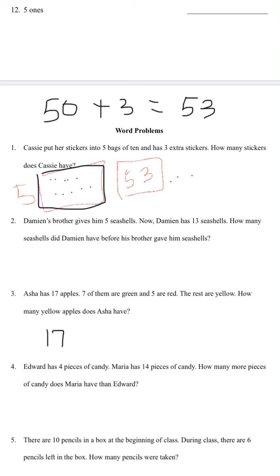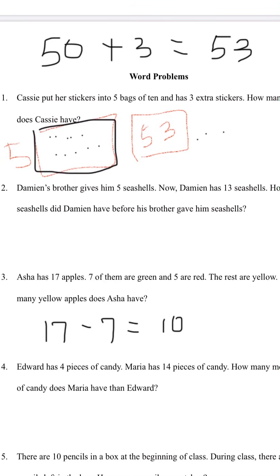So we have to first subtract 7 from 17, which is going to be 10. We can do this by writing it vertically. So 7 minus 7 is 0. And then the 1 comes down, so it's 10.